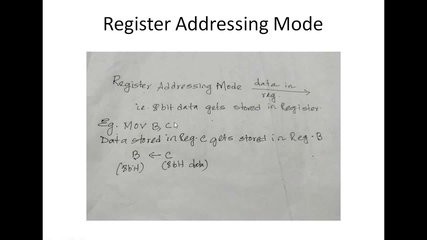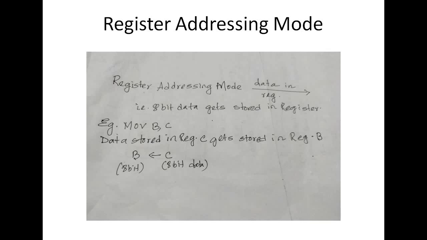Clear? Whenever the processor fetches the instruction MOV B, C, it is converted into its binary equivalent number, which is called the opcode. The processor first fetches the instruction, then decodes the opcode.